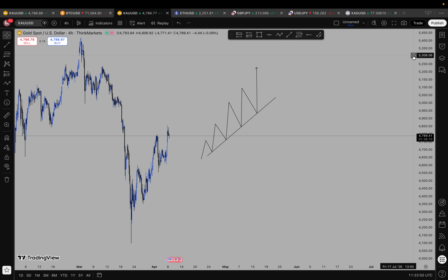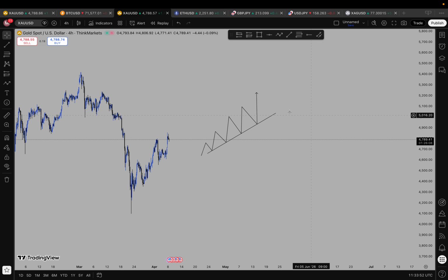Do you understand? So when we talk about the bearish market, which is the downtrend, the market is making lower highs, lower lows, lower highs, lower lows.